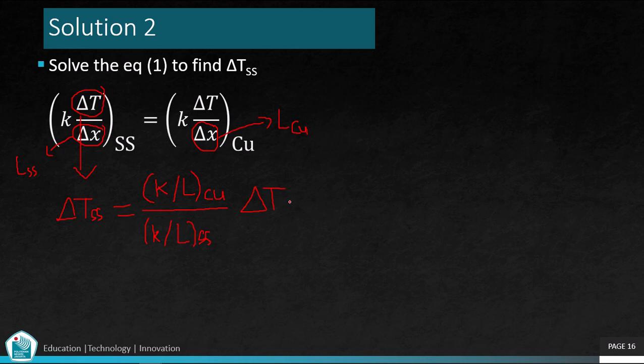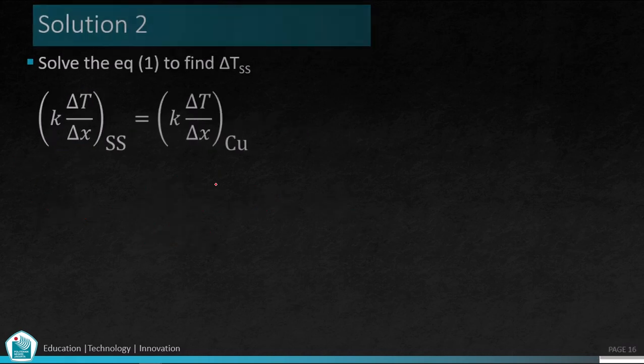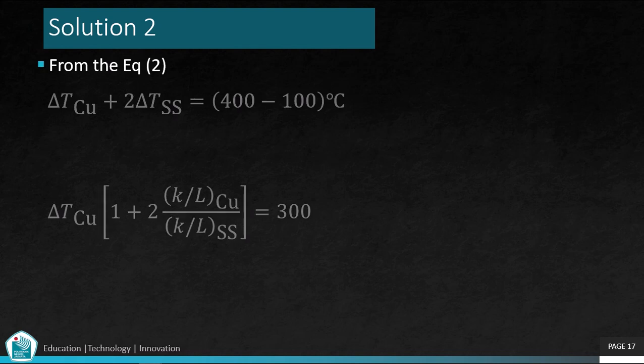So we have this relation, and if we want to have the two delta Ts, we just multiply by 2, since the stainless steel is a 2, we have the double L_SS. Next is from equation 2.